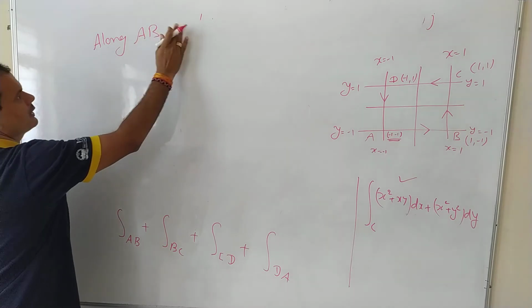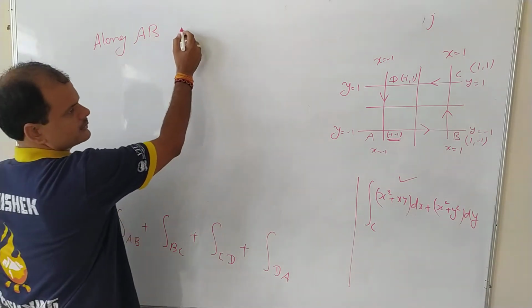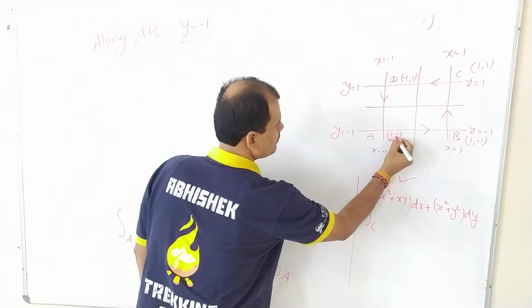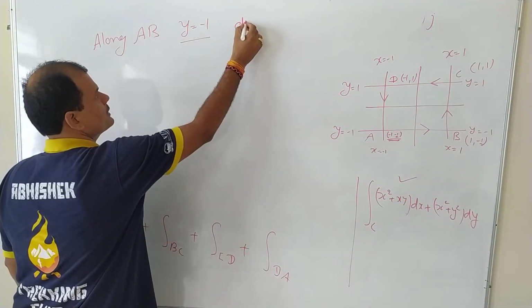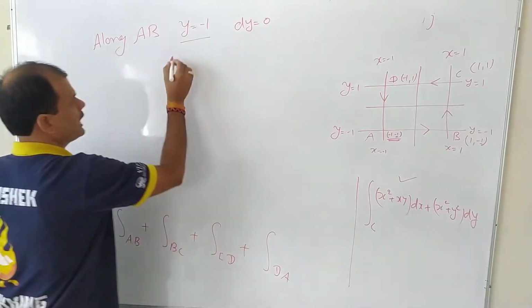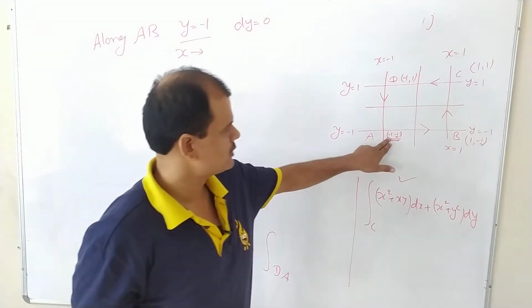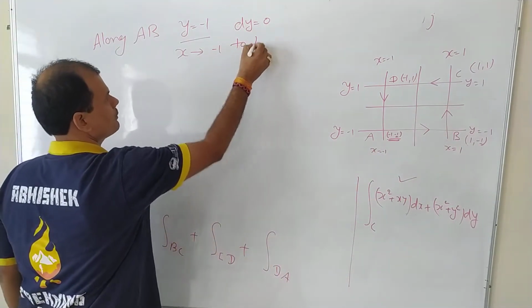Along AB, what is that? If you see along AB, your y equal to -1, y is fixed here, so dy will be 0. And what is your x limit? X limit will be -1 to +1.